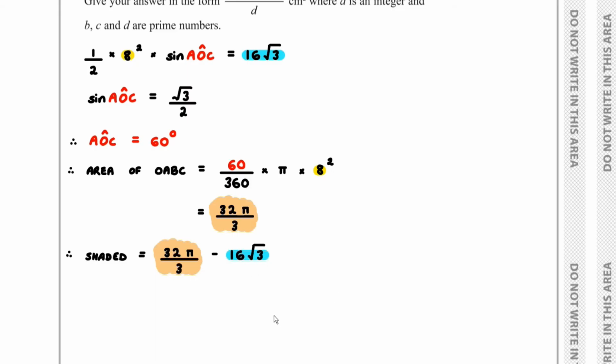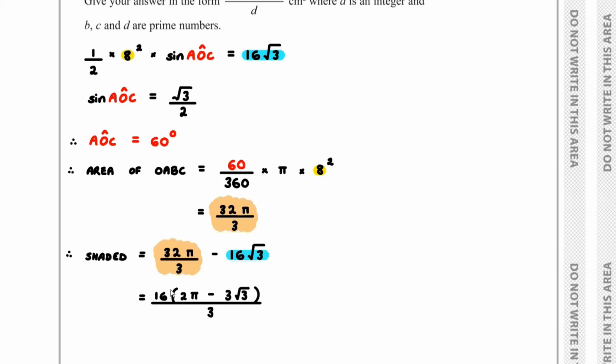Now, if I factorize out a 16 over 3, inside the bracket we would have 2 pi, because 16 multiplied by 2 pi divided by 3 is 32 pi over 3, subtract 3√3, because 16 multiplied by negative 3√3 over 3 is negative 16√3.